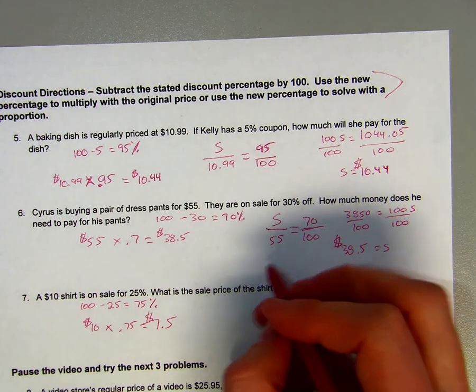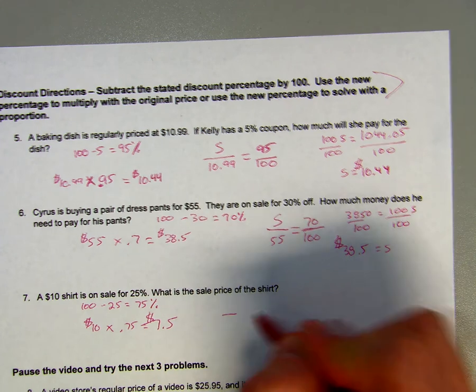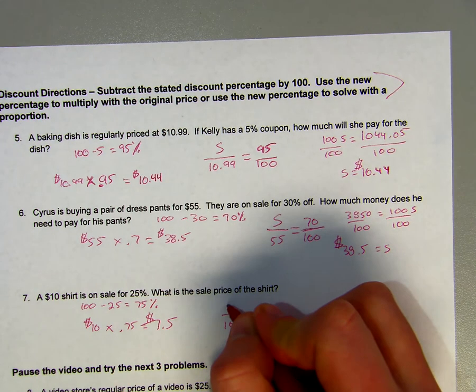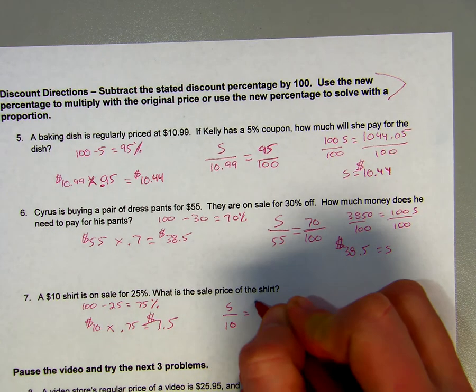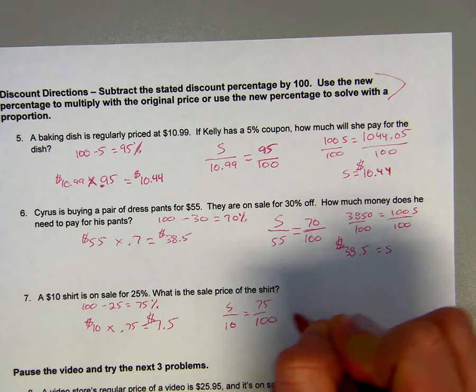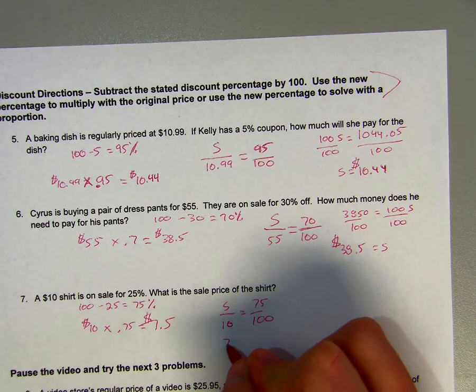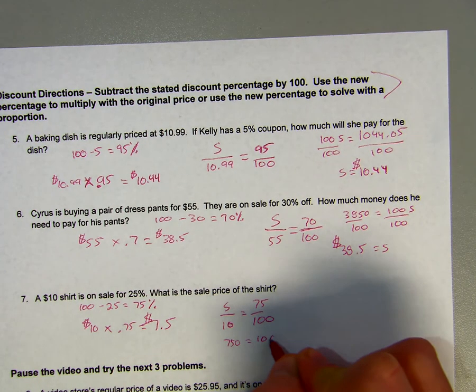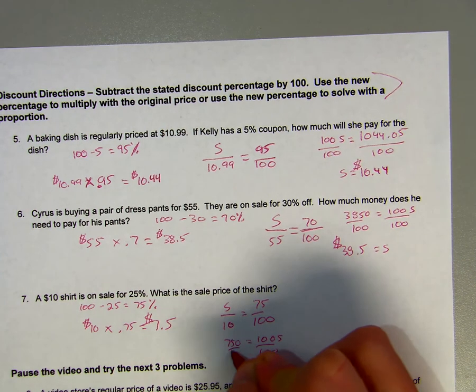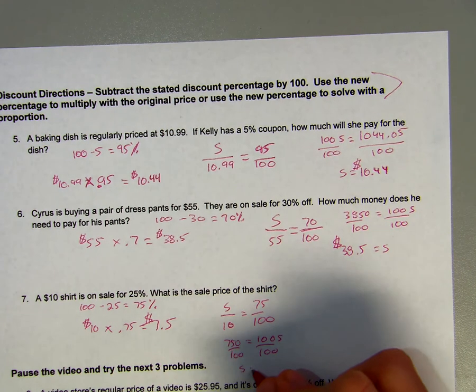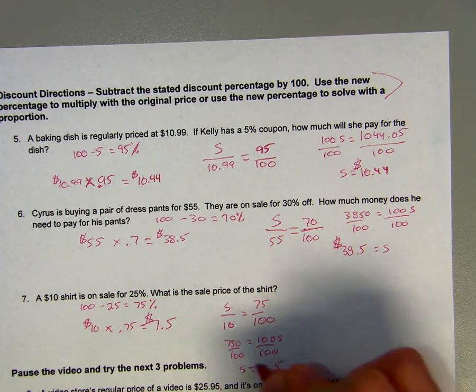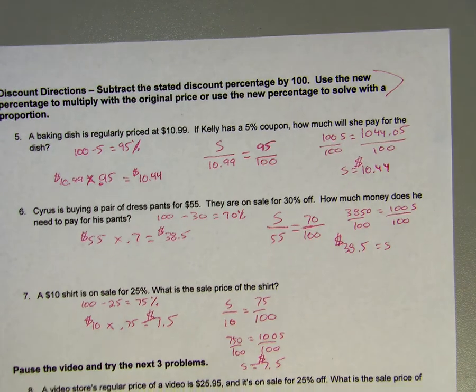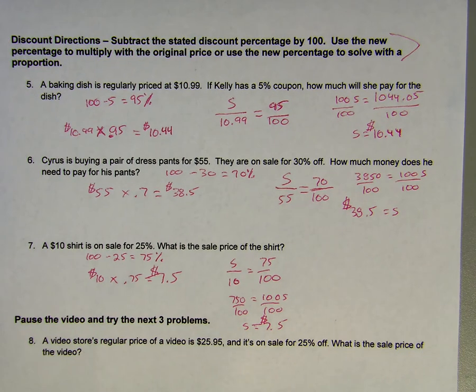Or I can put it in a proportion, with my original price of $10 and 75 over 100. Cross multiply, and I get 750 is equal to 100S. Divide by 100, and I get S is equal to 7.5. Same answer. Okay, so either one you want to do is fine.